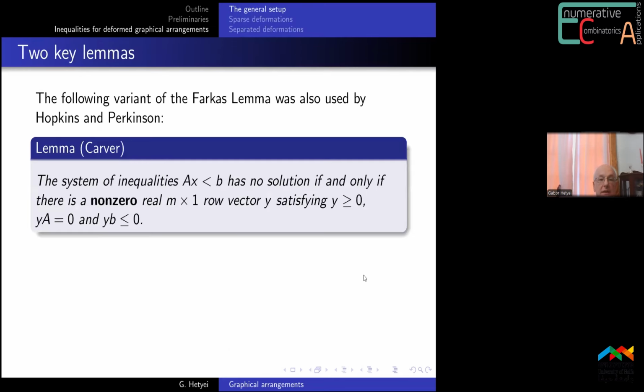Okay, now for some reason, I bumped onto the same variant of the Farkas lemma that was also used by Hopkins and Perkinson, which is strange in the sense that the Farkas lemma in its original form is about strict linear inequalities, and there is a rephrasing with non-strict linear inequalities.